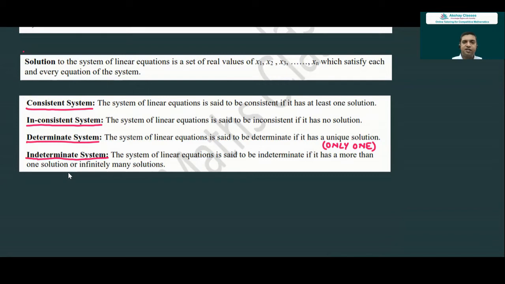Consistent means a solution exists. Inconsistent means no solution exists. Within consistent, there are two categories, determinate and indeterminate. Determinate means you have a single solution. Indeterminate means you have more than one solution.